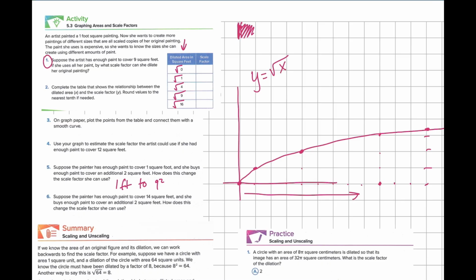Actually, that's backwards. Square root of 1 is 1. Square root of 3, we did it backwards. So let's find the square root of 3. You hit second, x squared, 3, and you get about 1.7 feet squared.